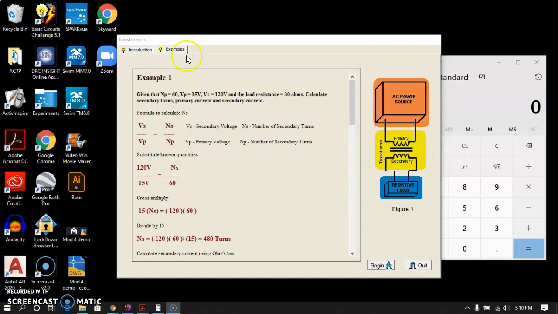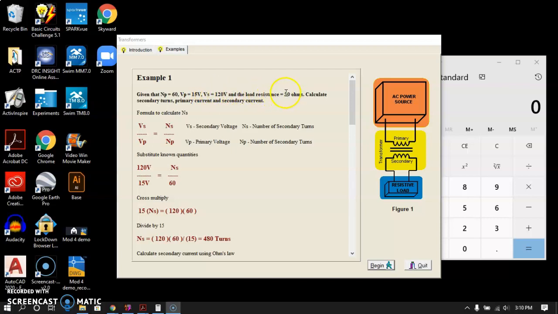Okay, now it's very important to take a look at the examples. The examples walk you through exact calculations and the things you need to know for that module. In this case, we know that the number of turns on our primary is 60. We know the voltage on our primary is 15 volts. We know that the measured voltage on the secondary is 120. So in this case, we're going to step up in our transformer here.